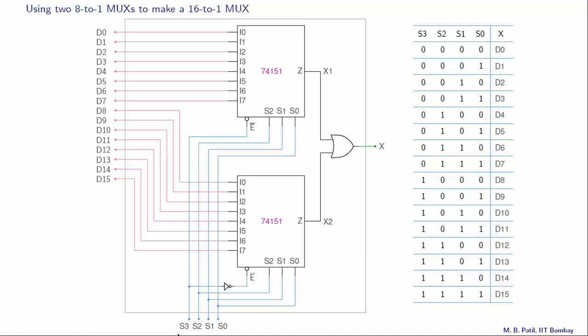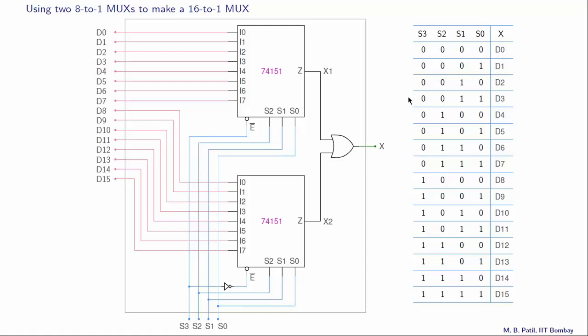These are the select lines S3, S2, S1, S0, and that is the output X. When S3, S2, S1, S0 is 0, 0, 0, 0, we would like X to be D0. When these are 0, 0, 0, 1, then we want X to be D1, and so on, all the way up to 1, 1, 1, 1. In that case, we want X to be D15.